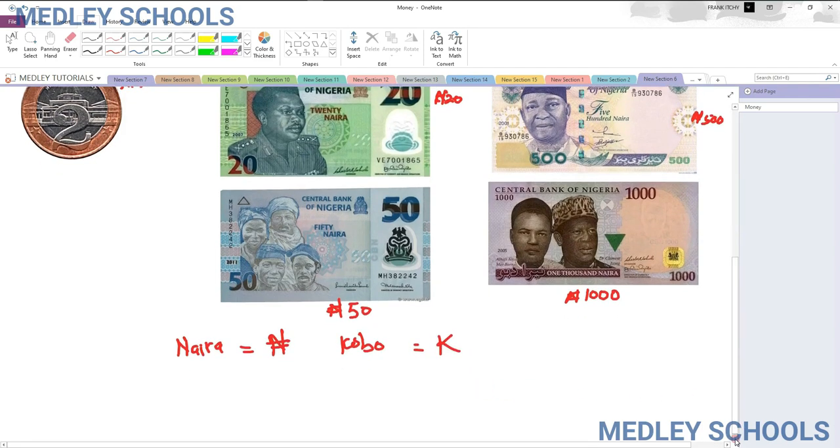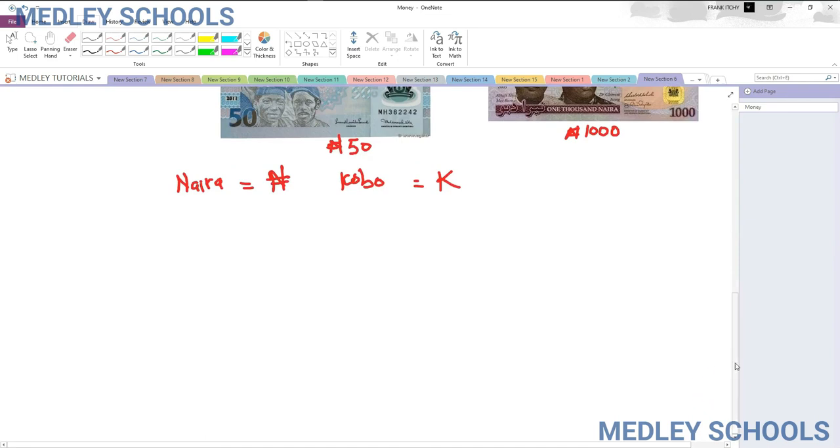Now, there is a relationship between the naira and the kobo. In Nigeria, 1 naira is equal to 100 kobo. This means if I have 2 naira, it's going to be 2 multiplied by 100 to give me 200 kobo.